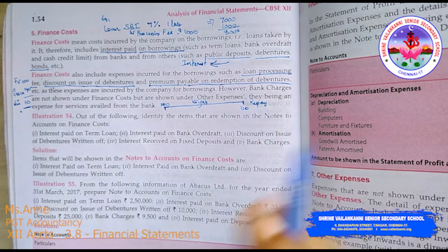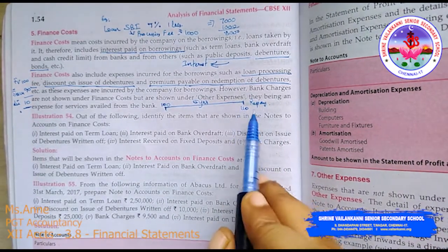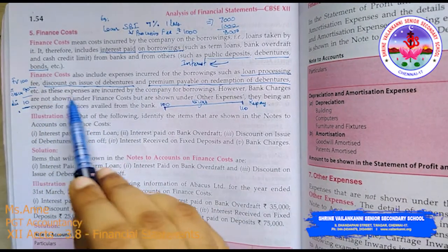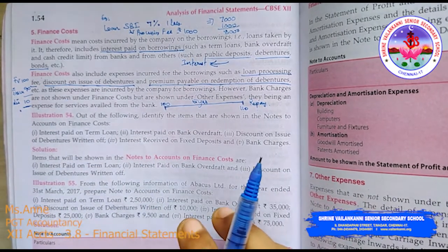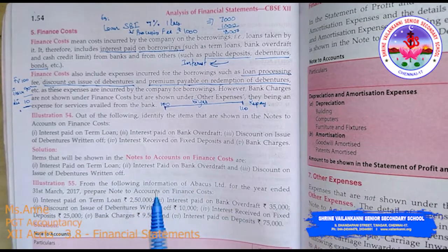Redemption means repayment. So this 10 rupees extra that you are paying will be included in the finance cost, as these expenses are incurred by the company for borrowing. So if you want to borrow, you are incurring some cost towards the borrowing, then it will be called finance cost.